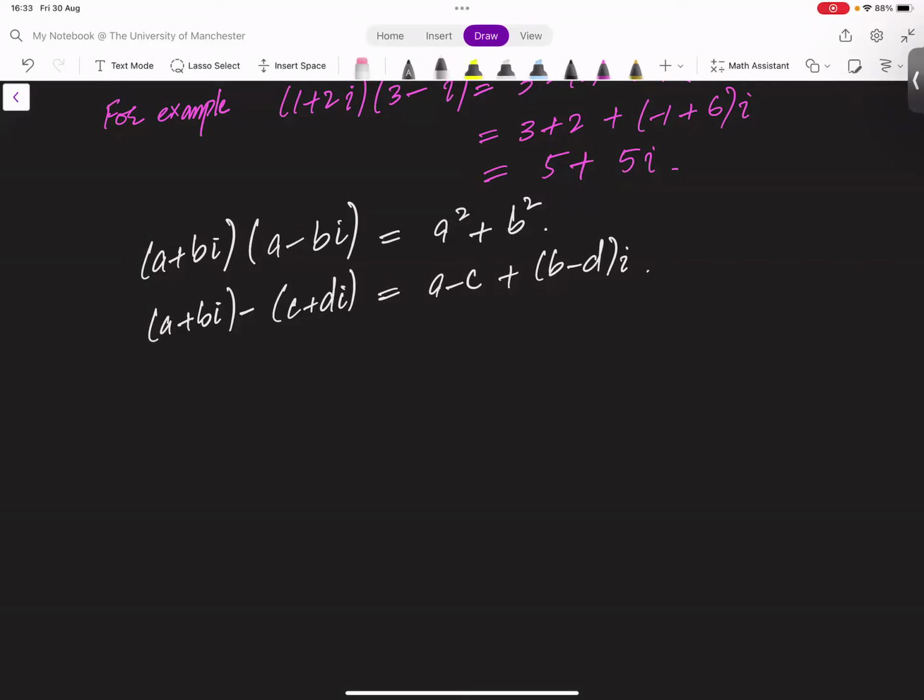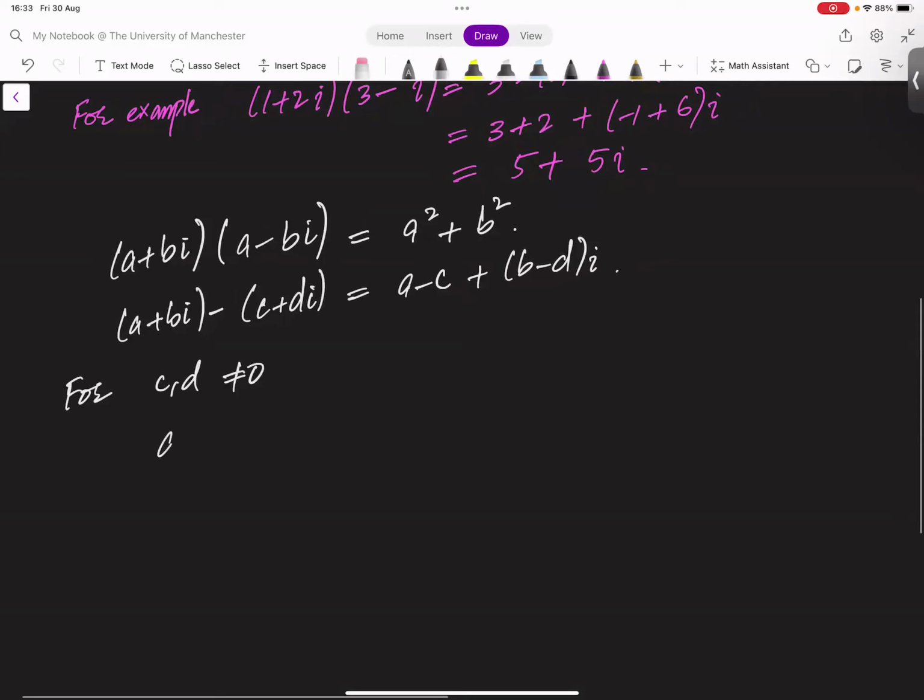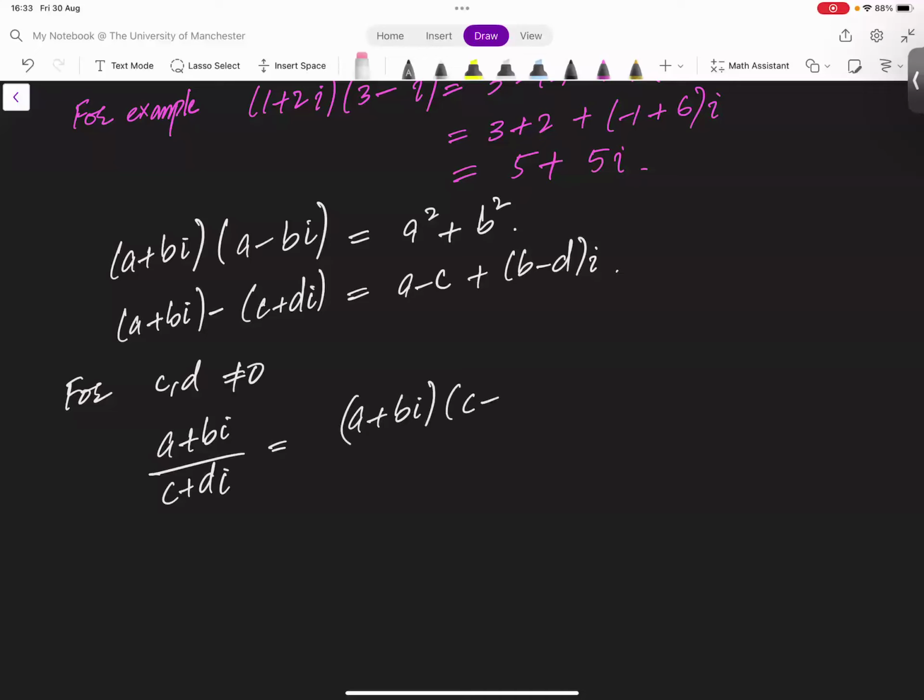And for the division rule, for c, d not equal to 0, we have a plus b iota over c plus d iota, and we do the rationalization, so we write (a plus b iota)(c minus d iota) over (c plus d iota)(c minus d iota).